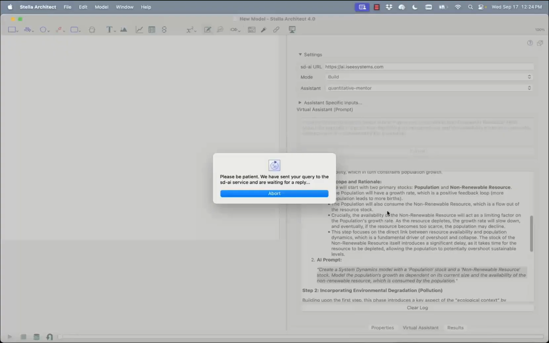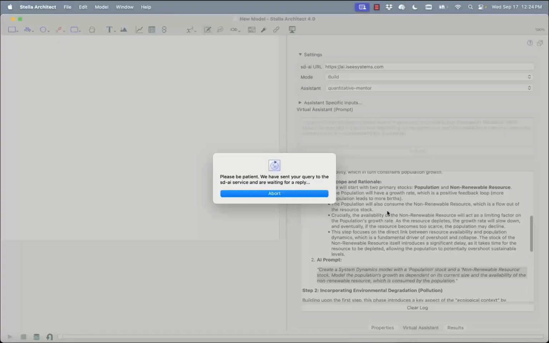So in this case, you can see again that we're waiting a little while for the LLM to respond to us with a model. I expect the model that comes out of this process to have two stocks, the population and the non-renewable resource, and for them to be connected by a graphical function that modifies the birth rate and the death rate of the population based upon the level of the non-renewable resource.